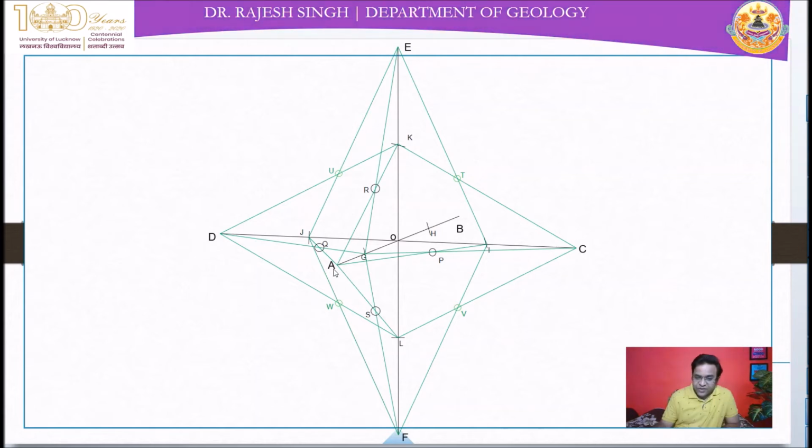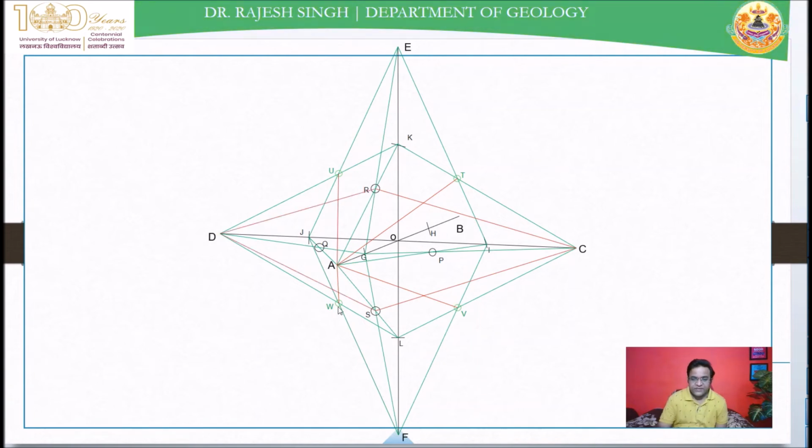I am going to join first A1 positive, that is A, to all 4 points T, U, V, and W. In the next step, I am going to join these PQ, RS: PQ with the endpoint of the A3 axis and RS with the endpoint of the A2 axis.